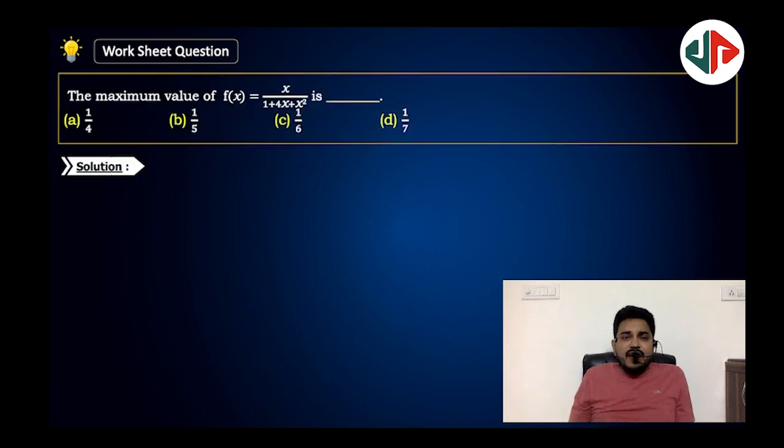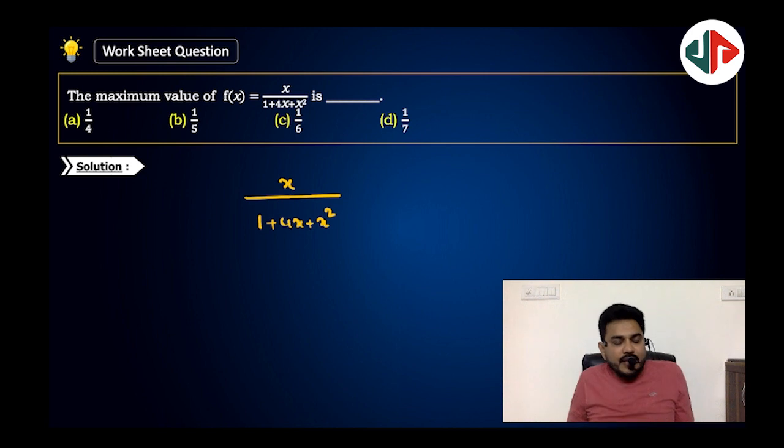The maximum value of x by 1 plus 4x plus x square. See, they should have mentioned one point here, whether x is positive or x is negative. That would have given a much better idea.